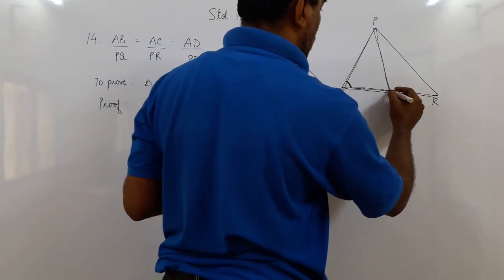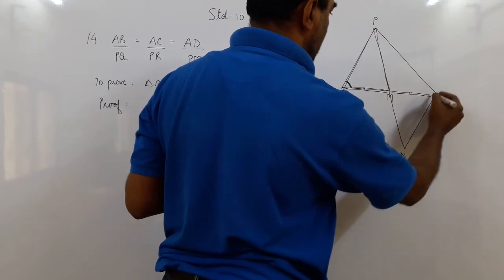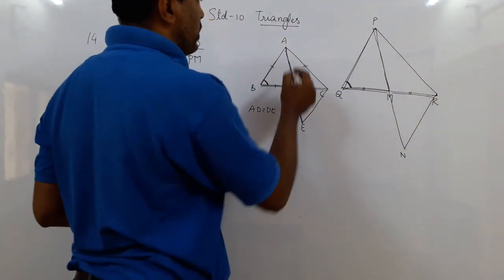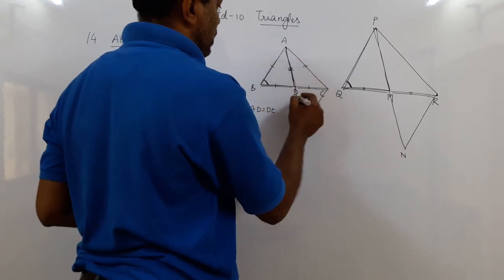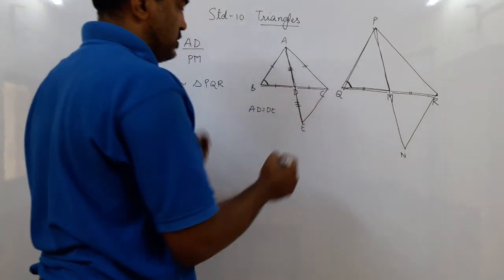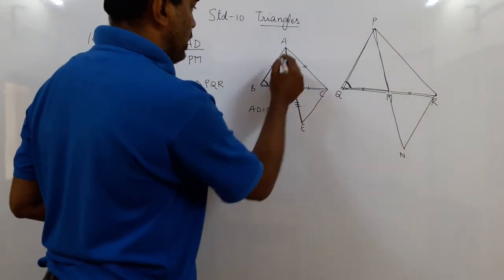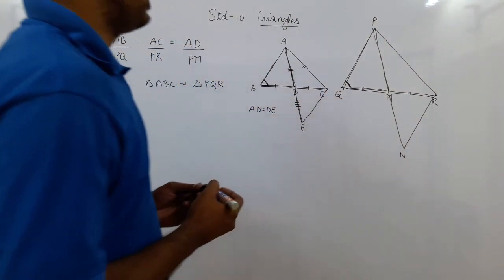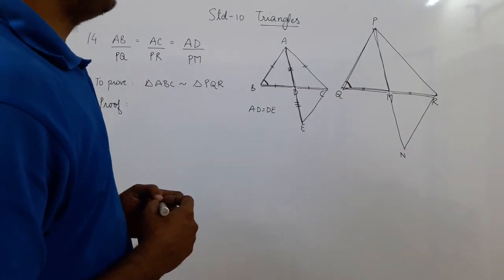Similarly, I will draw a line PM equal to MN and join this line. So what I have done is drawn AD and DE as equal lines. Now what do I get if I draw AD equal to DE and PM equal to MN? What can you observe now?